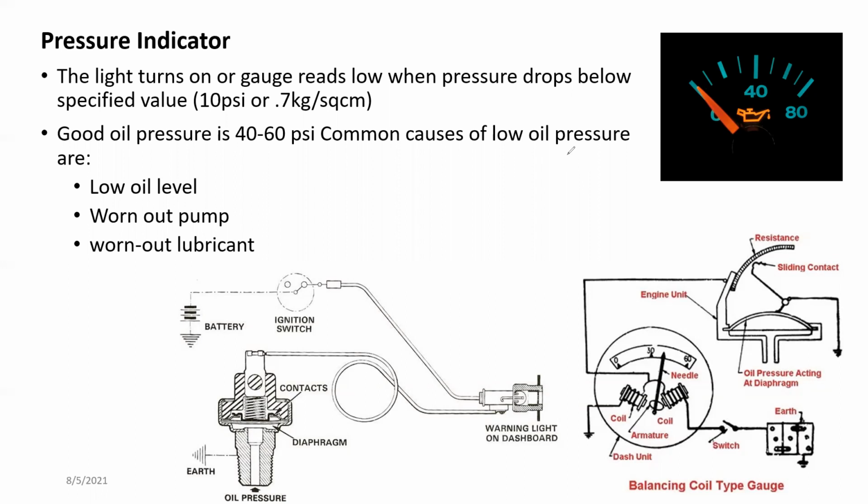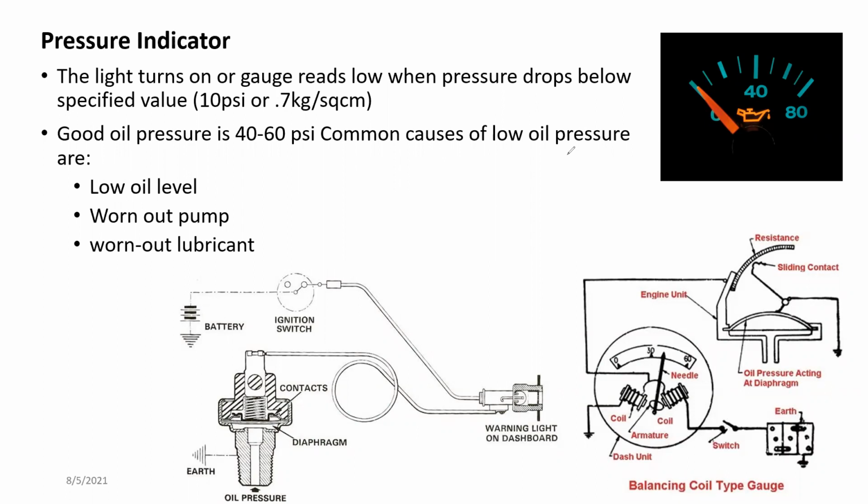A worn out pump means the gears in the pump are worn out, so the pump cannot deliver the necessary pressure. This happens very rarely, especially because the lubricant pump works with lubricant, so it's always very well lubricated.